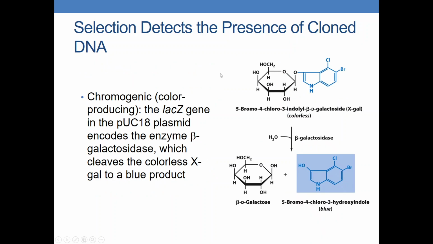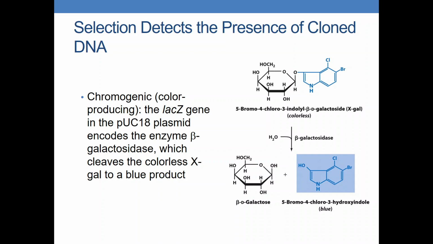So this is X-gal. X-gal in its intact form is colorless, but when beta-galactosidase is active, beta-galactosidase will cleave X-gal into beta-D-galactose and this compound here, which is blue. So if you have active beta-galactosidase, you should see that your colonies are blue.